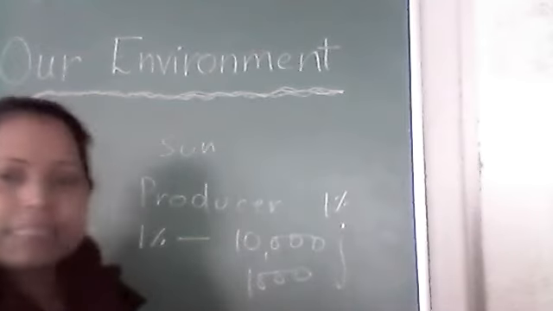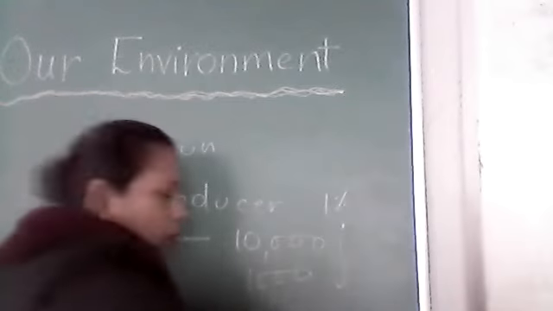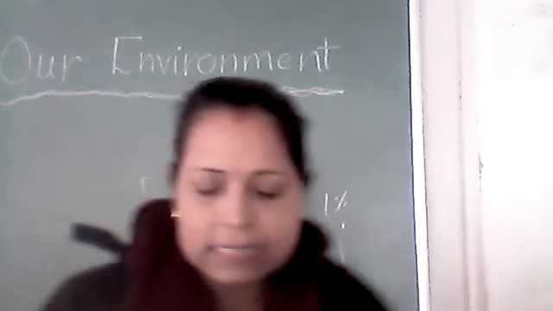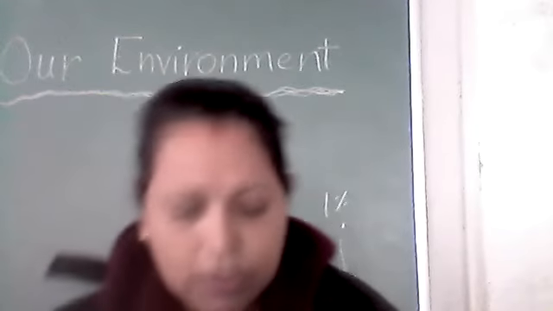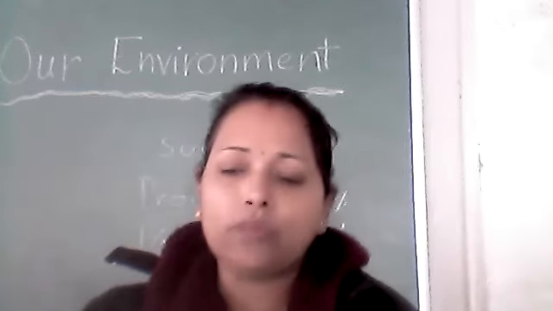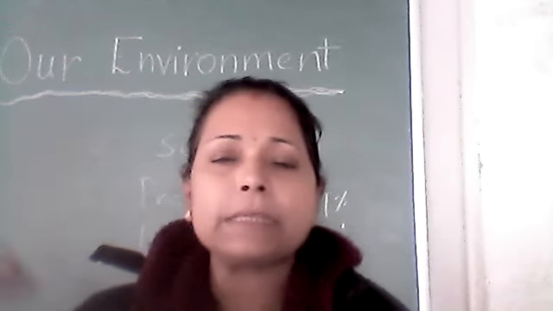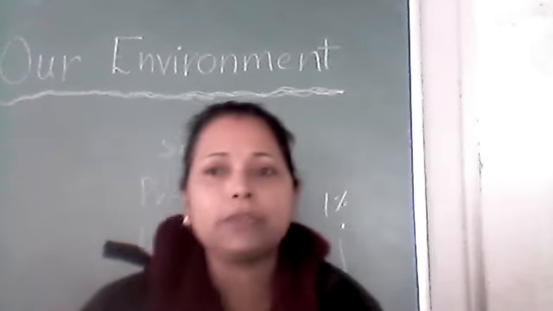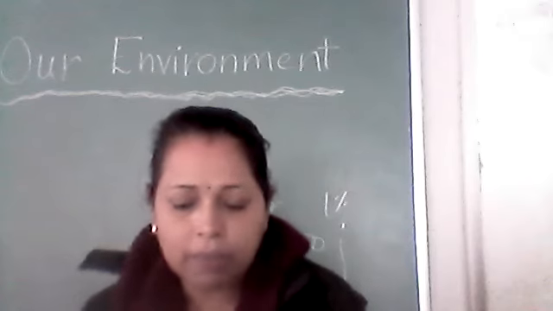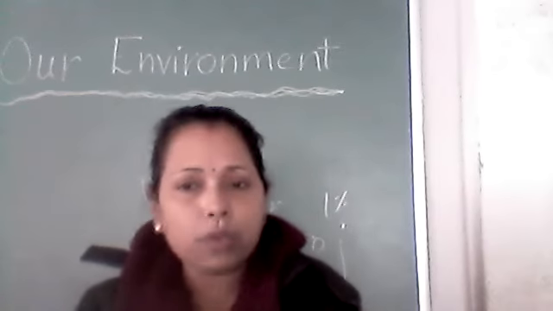For the next level, it will be how much? Yes, Ma'am, 100 joule. 100. So in this way we find out the percentage of energy available to the next trophic level.